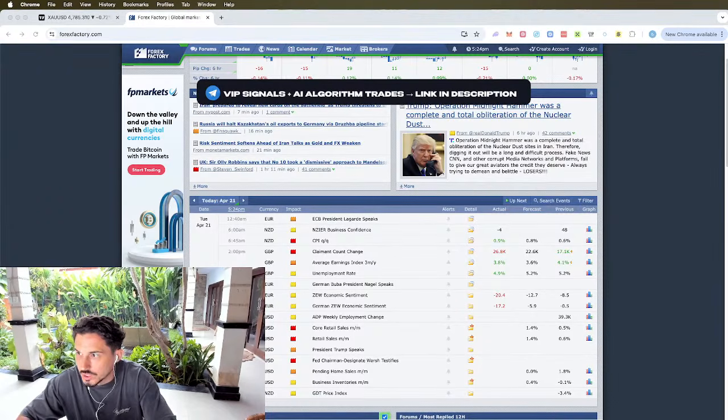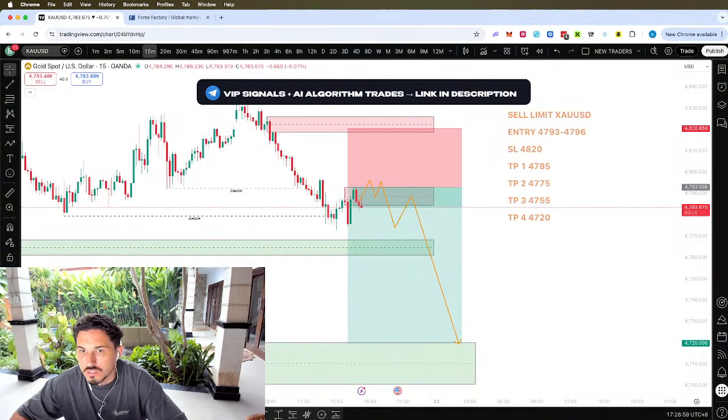Let me check my news thing. Yeah, so if this goes higher, higher retail sales mean stronger consumer spending, which is good for the dollar, which means that gold should go down. So we're looking good. If it's higher than the forecast, which it is, it should be good for the dollar, bad for gold. So yeah, it's looking good. We're on the right track.